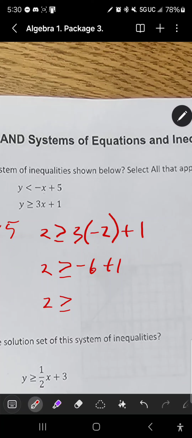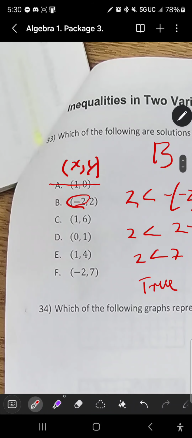They have different signs, so we give the sign of the greater one and we subtract them. The greater one is 6, so it will be negative, and then 6 minus 1 will be 5. Negative 5. And yeah, it is true. 2 is greater than negative 5. Any positive number will be greater than a negative number, so we are fine with that. B is one of our answers.